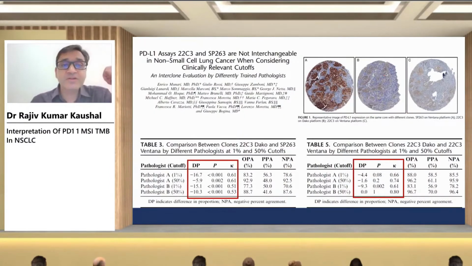Some other research work has also shown that if we use SP263 on Ventana and compare it with the companion diagnostic, the reproducibility and concordance are not as significant if we use this DAKO antibody on the Ventana platform. We are also trying at TMH to use 22C3 on a Ventana platform and see the reproducibility in an Indian cohort of patients.